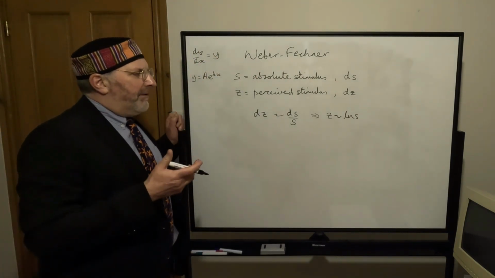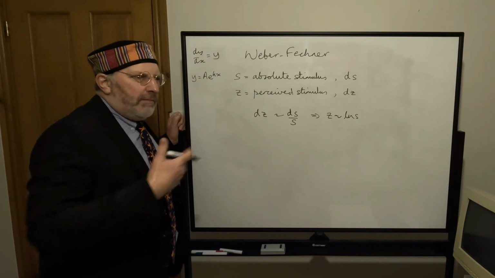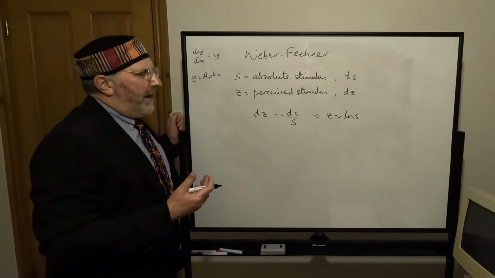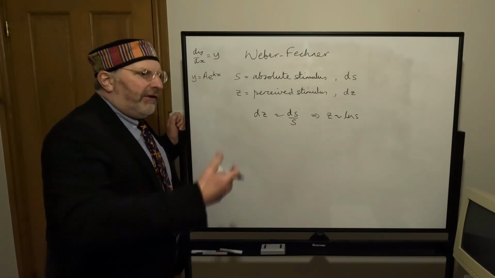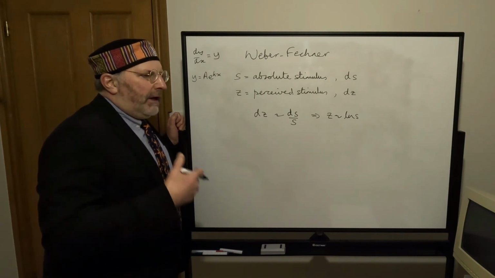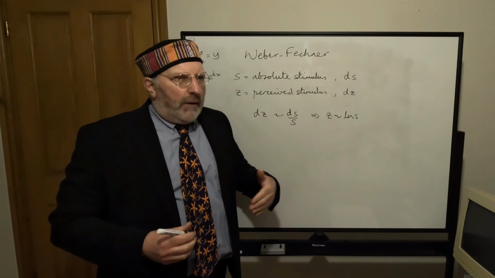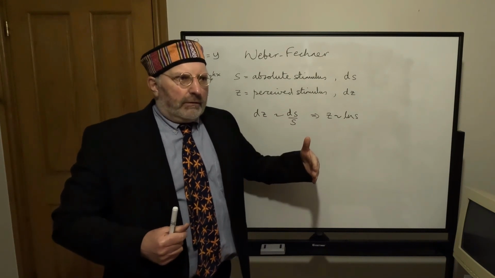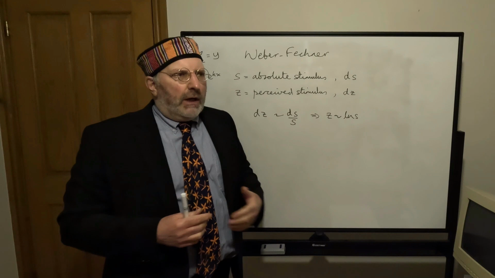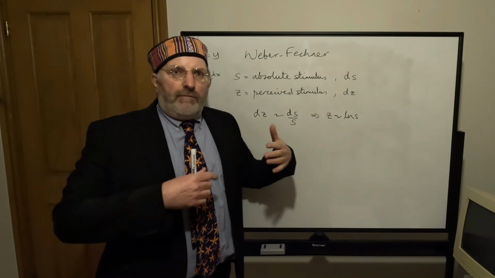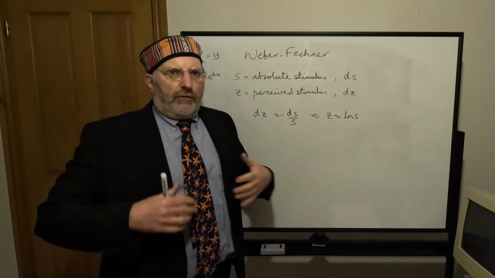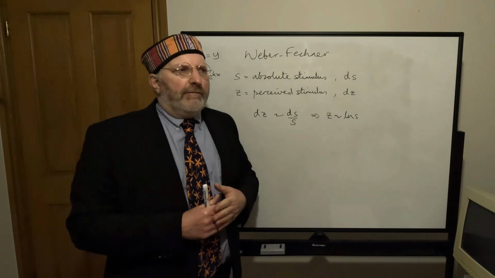A possible example of that in human life is that life itself is logarithmic. When we're 10 and we age to become 11, that's an extra year of life experience, and that's an extra 10% of life experience.